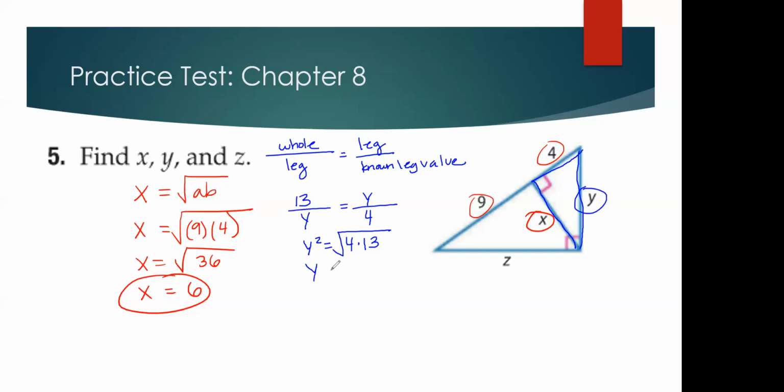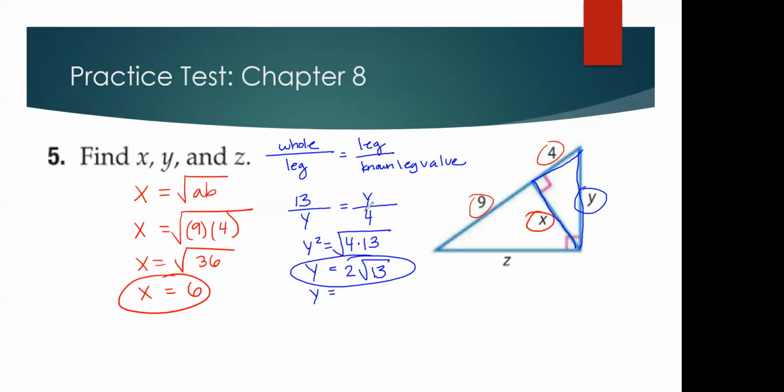The square root of 4 is equal to 2, and the square root of 13, we don't know that. We can type in our calculator 2 times the square root of 13, or we can just leave it like that: 2 times the square root of 13.